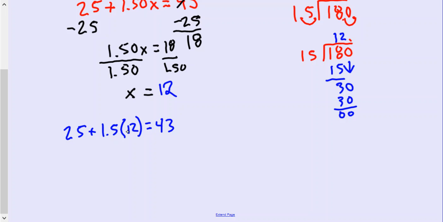So 1 times 12 is 12, and 0.5 times 12 is 6, and 6 plus 12 is 18. So we get 18 plus 25 equals 43. 25 plus 10 is 35, and 35 plus 8 is 43. So our answer is correct. We'll be able to go on 12 rides at the fair.